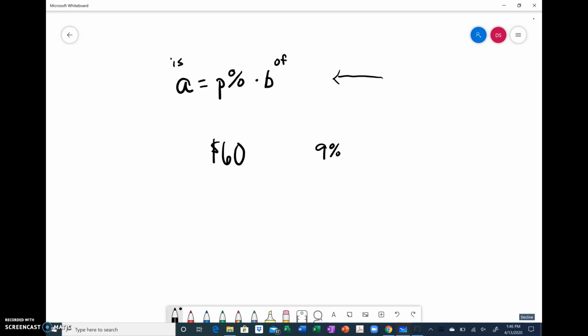So how much money did they make if they got 9% of the $60? So the question we're answering is, what is 9% of $60? What part of $60, A, what is 9%, and I'm going to go ahead and change it to a decimal, of $60, okay?